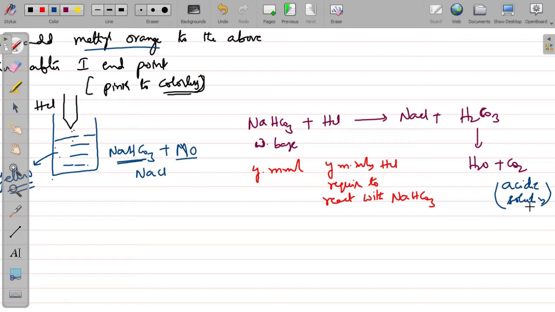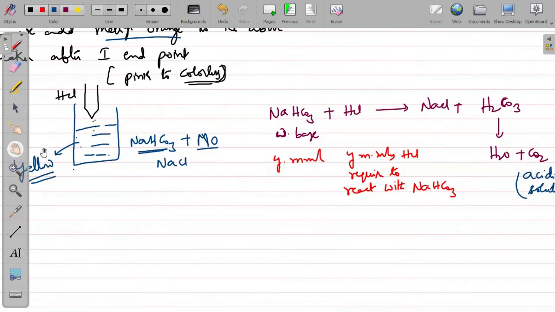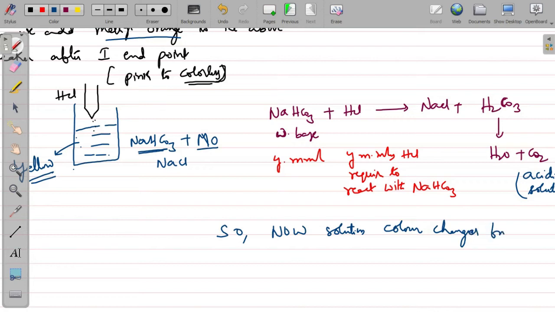Because of that, the color of the solution changes from yellow to red, because it is an acidic solution, as it became acidic.